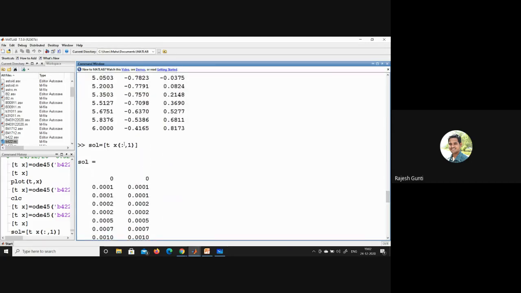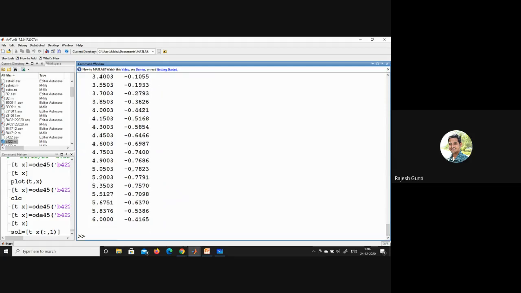So t, all row elements of the first column of x. X contains two columns. Okay. Now, if you want to plot t comma x of all row elements of first column, I'm plotting.